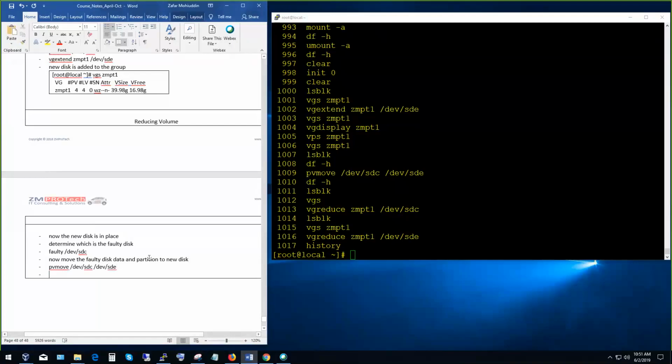This will move the LVM structure, data, and also block information. So in other words, it may be doing the replication.